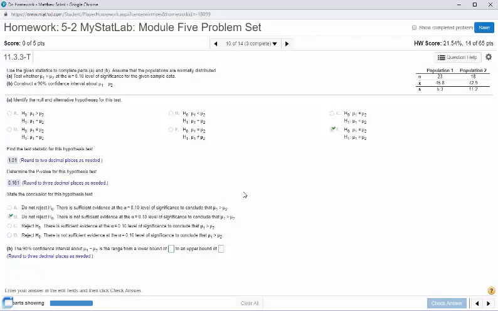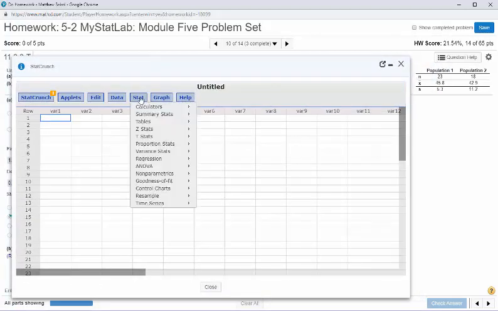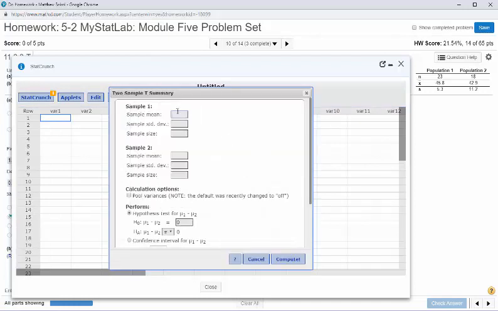So B here, it says, all right, let's do something a little bit different. Let's do a 90% confidence interval. So I'm going to load this back up. And I'm going to go back to Stat, T Stat, Two Sample with Summary. And I'm just going to re-input those values.